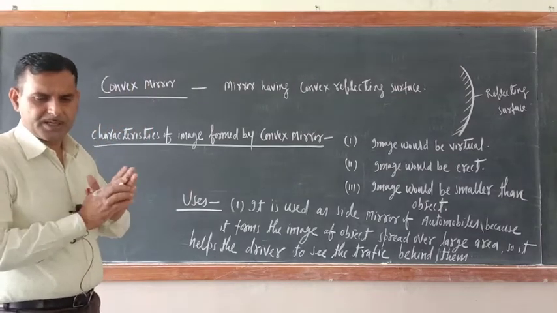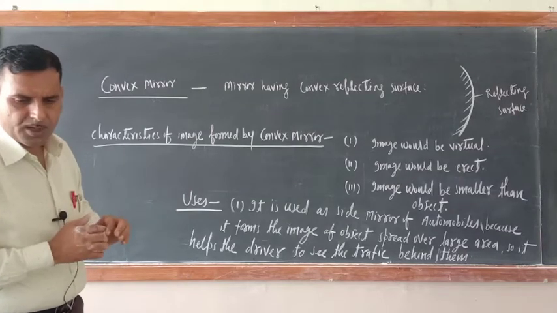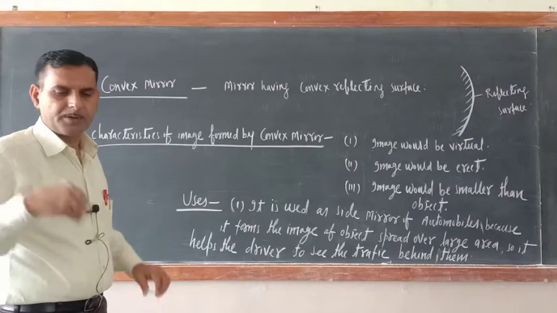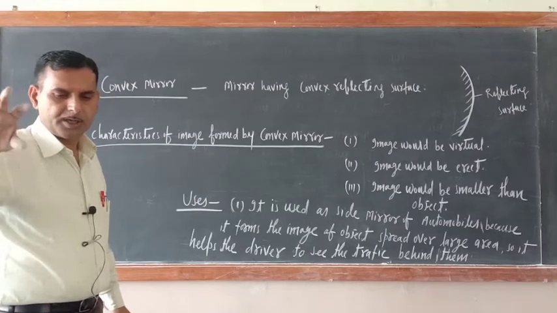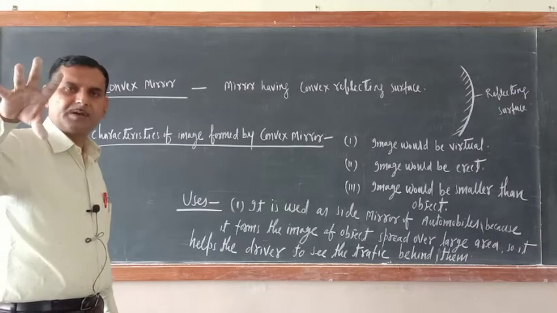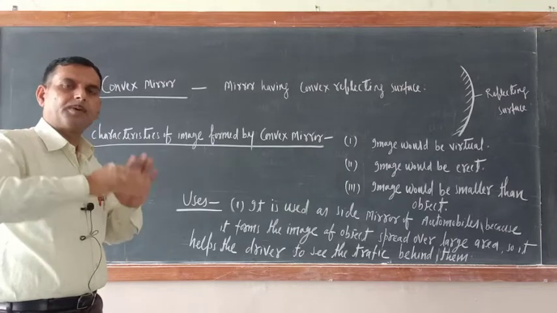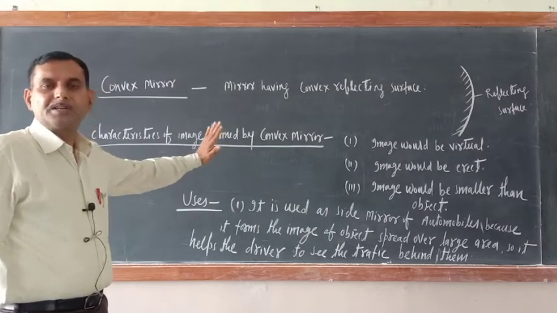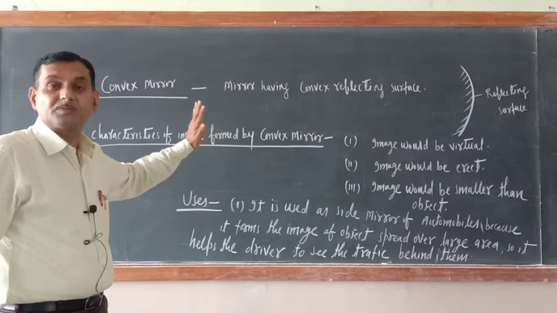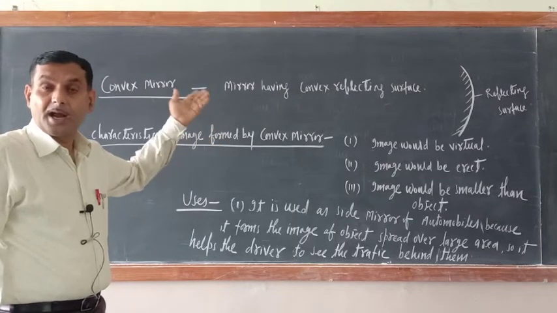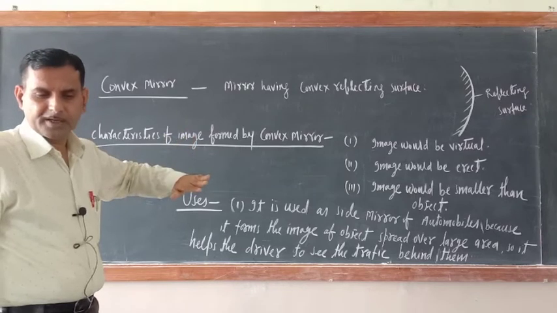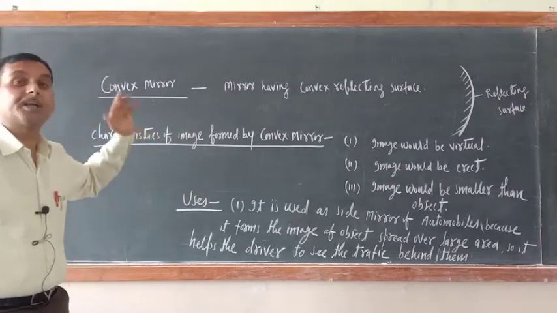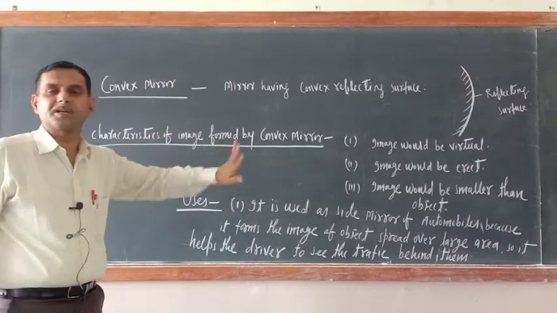When we place the object away from the mirror in the case of the concave mirror, what kind of image did you get? You got a real image, which means it was forming on the screen, and it was inverted and smaller than the object.